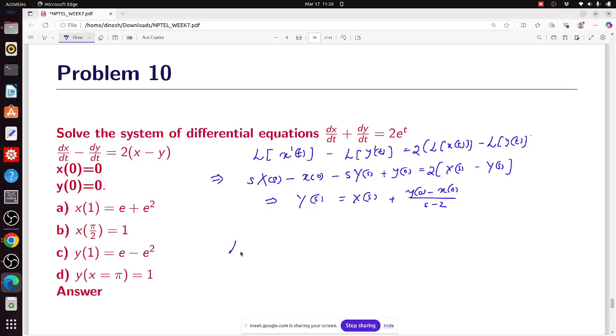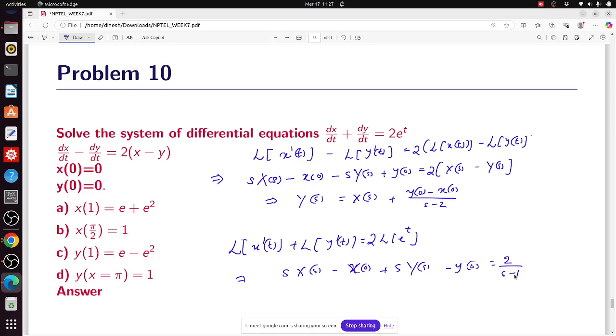So again, Laplace transform of x prime t plus L of y prime t is equal to 2 times Laplace transform of e power t. So from this we will get s X(s) minus x(0) plus s Y(s) minus y(0) is equal to 2 by s minus 1.